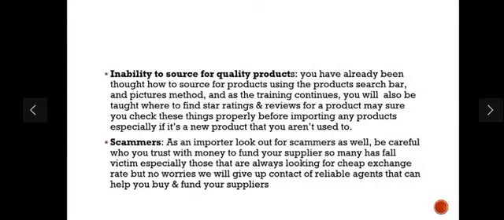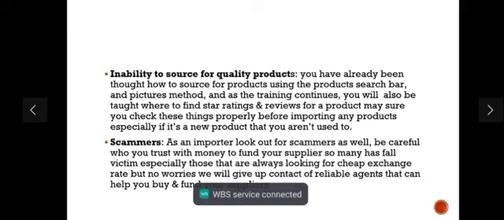Now, another thing we need to take note of is the quality of products. Some persons do not know how to source for products. I know by now, you watching this video means that maybe you have seen my sample video on how to source for products using the search bar, or through the picture method. But as the training continues, you will also be taught where to find star rating and reviews for a product.